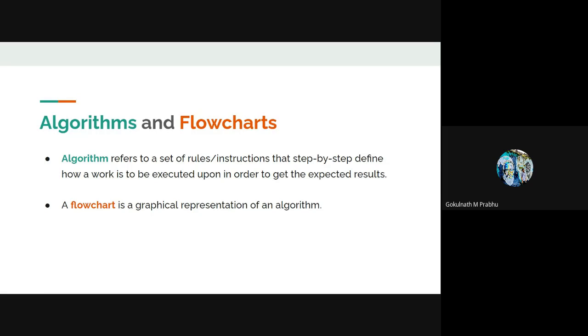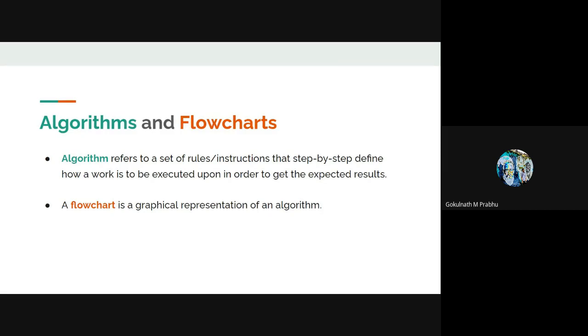So if I ask someone, how do you make tea, or how do you make some biryani or some food item, they'll give you a step-by-step way on how to do that thing, right? So first of all, you need to take this, then add this to that. In that kind of a way, people will explain how to make something. So in a similar way, an algorithm is a similar step-by-step set of instructions so that we can achieve a goal.